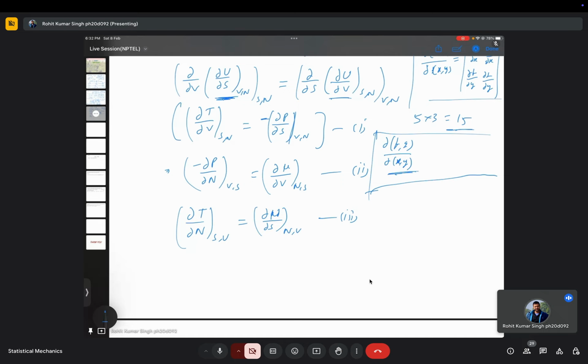So yeah, okay, the fourth Maxwell relation, which we get from the Helmholtz free energy, is this.